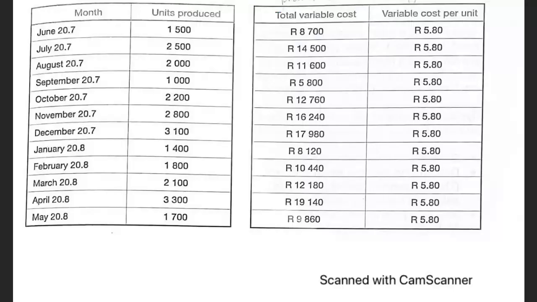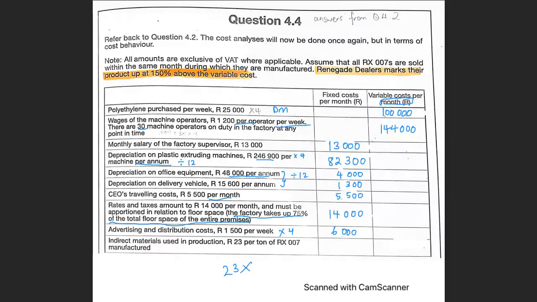So you would then take the 23 and multiply it by 1,280, and that would give us a figure of 29,440. And here, this would be variable in nature because it is indirect material that is per ton manufactured.